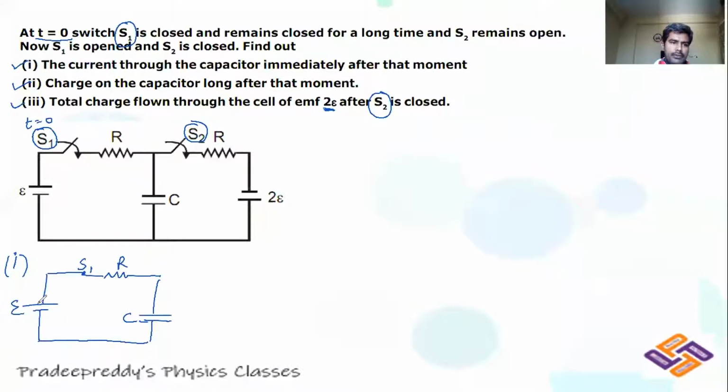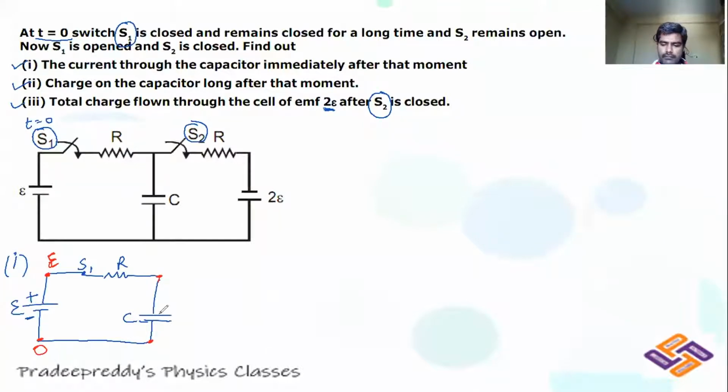Now when switch S1 is closed, you can check: as this is the positive terminal and this is the negative terminal, you can write here the potential is E, and here the potential is 0. Potential at this point is E and here is 0, out of which some potential is dropped across this resistor, and finally there is some potential difference across the capacitor.